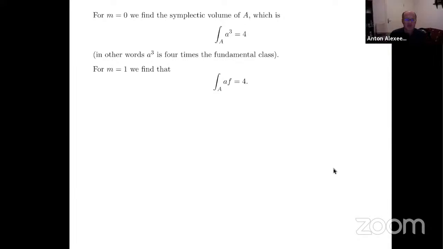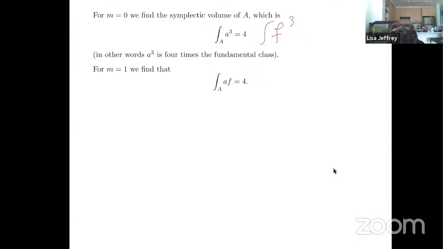So should that only be F? No, sorry, that one should be F cubed. Yeah, right. Sorry, I used the wrong notation. So this is F cubed. Yeah, thanks for spotting that.